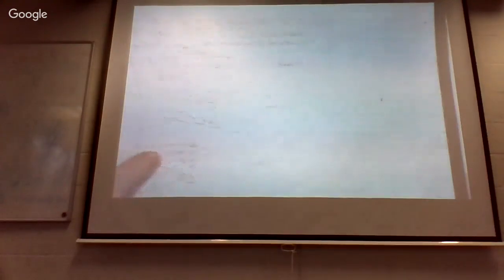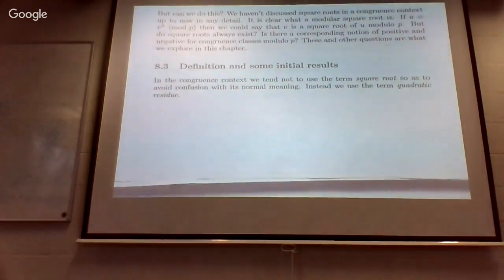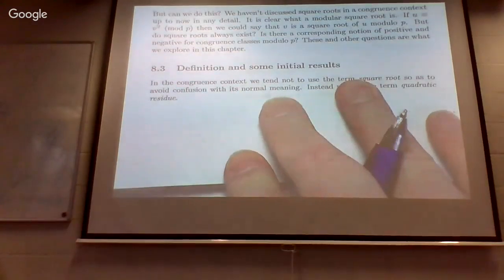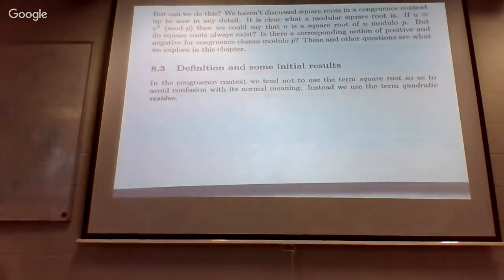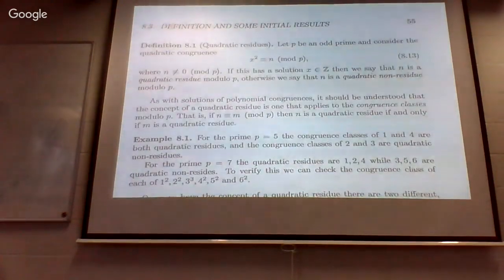So if we just return to the notes now, on page 54. And so we don't use the term square root. Instead, we use the term quadratic residue. I mean, they're different.